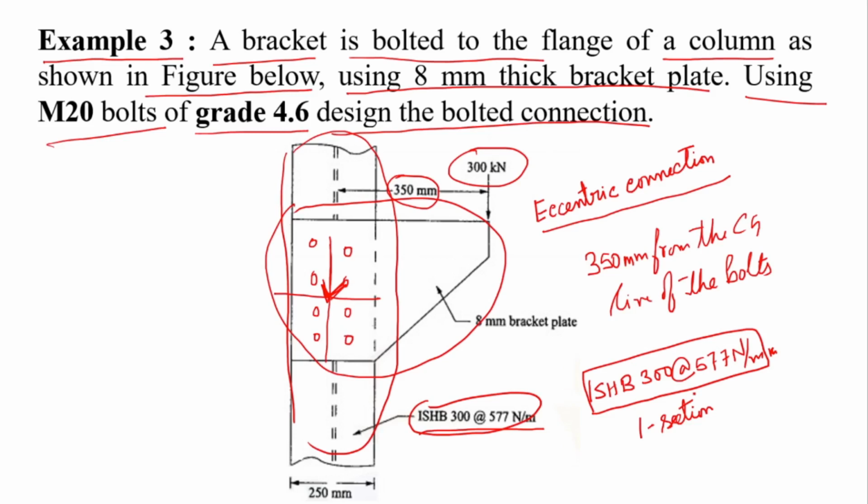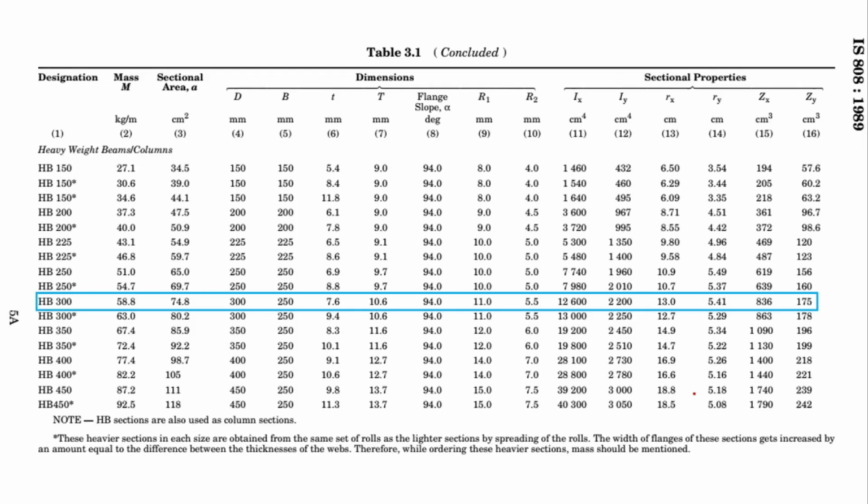About these sections, whether channel, I or tubular, the details, dimensions and sectional properties are available in one IS code, that is IS 808 1989.